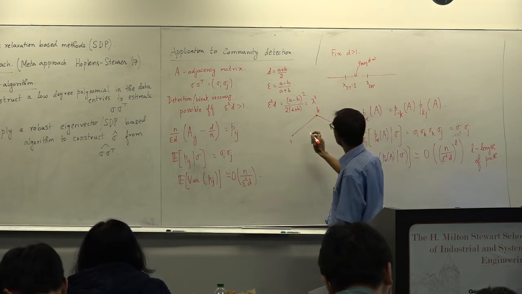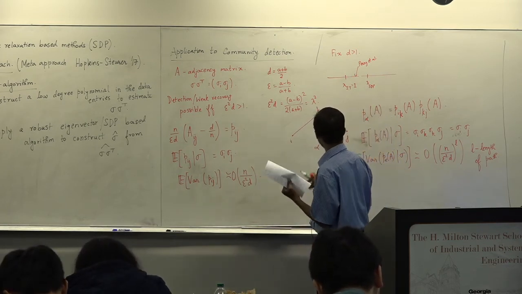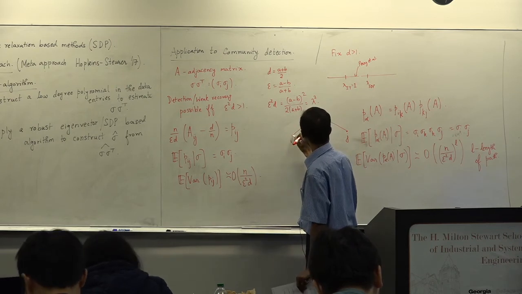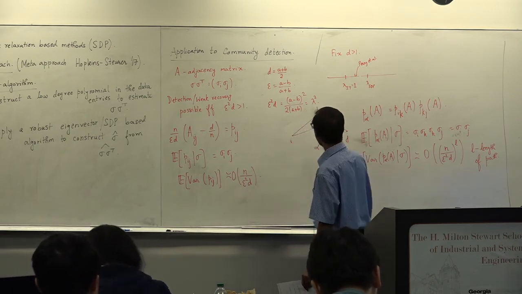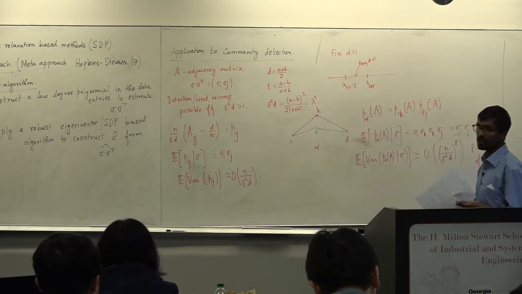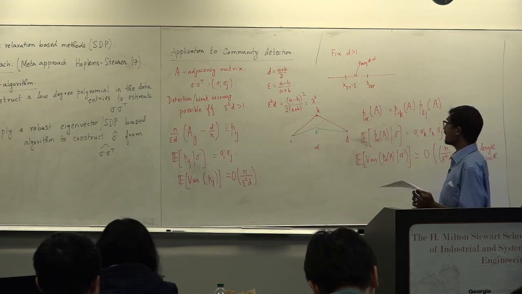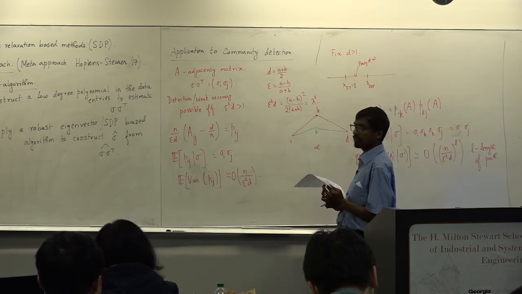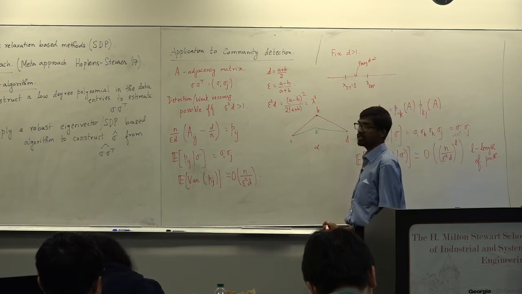I can choose different paths which all go from i to j via different intermediate points, and all of them give me estimates of sigma i, sigma j. And so I can then average all of these estimates and gain in terms of the variance.